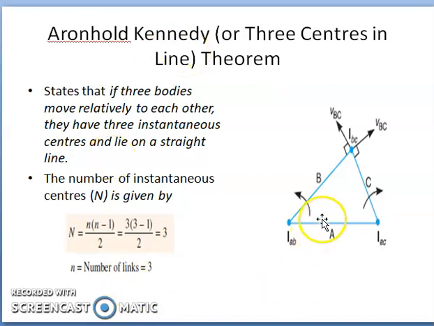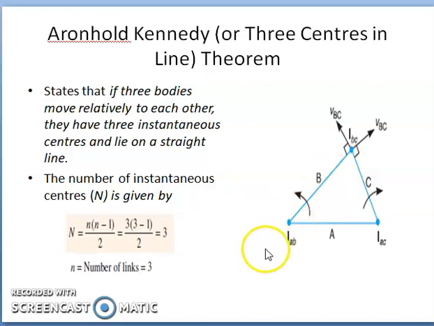You can see links A, B and C. You take two at a time. For links A and B, the instantaneous center is IAB. For links A and C, the instantaneous center is IAC. And then you can see the instantaneous center IBC.